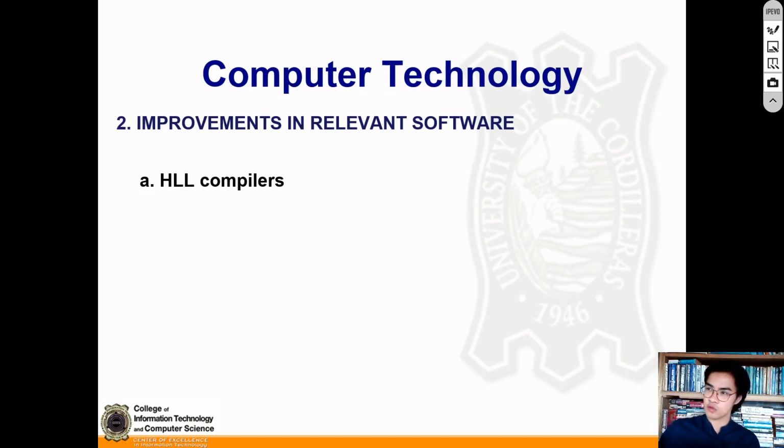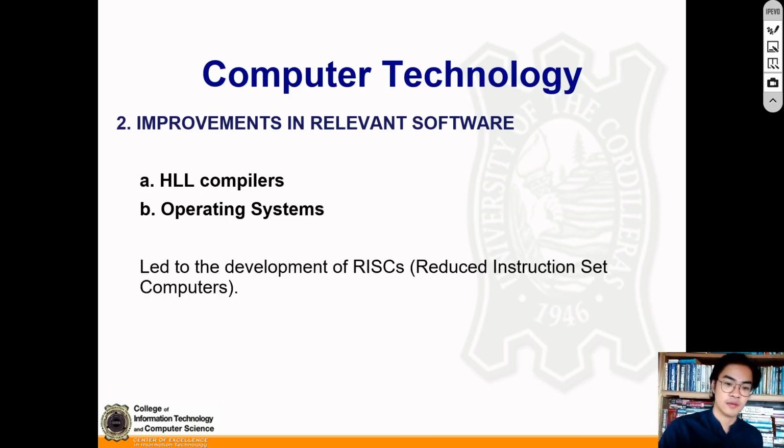So if you go on and improve the compilers and the interpreters, then the faster your programs are going to be translated into binary, and the faster they are going to be executed by your CPU and your hardware. And also aside from that, operating systems. Now operating systems, we're going to have a different discussion on that in unit 3, or 4, I think.